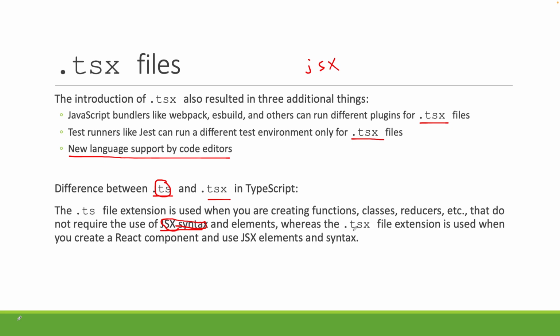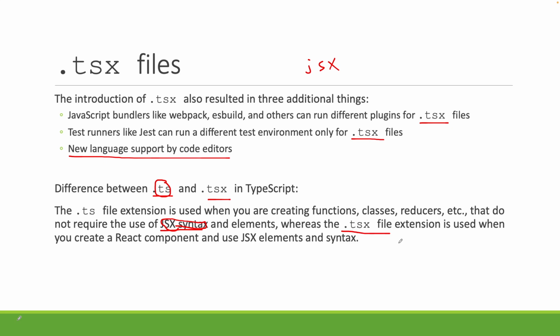So inside the TSX file, you can write any TS code, no problem, and it doesn't have to have JSX. You can just save a definition of an interface or class inside a .tsx file.